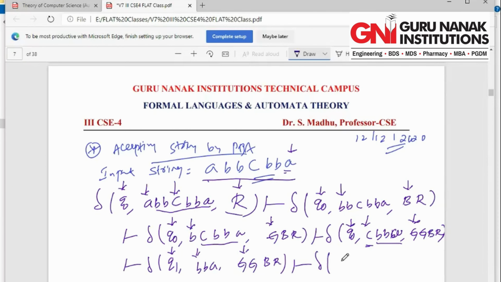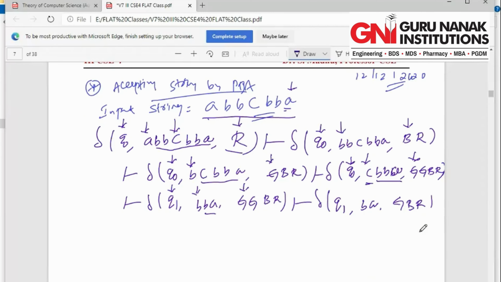The next state is Q1. The remaining input is B, A. After removing that, the stack will be G, B, R. Is it clear now?